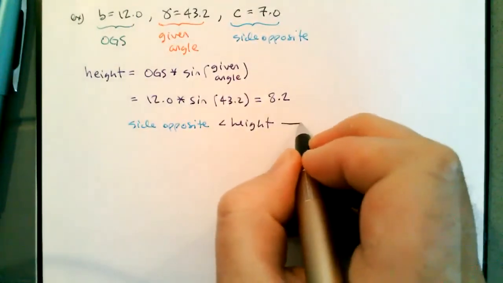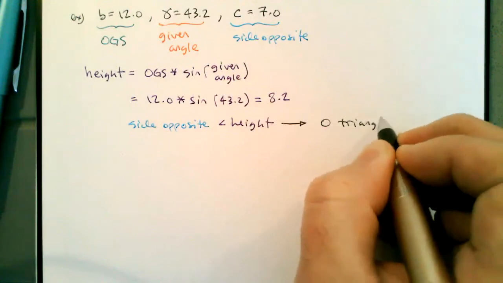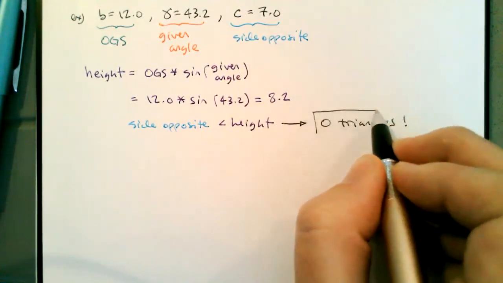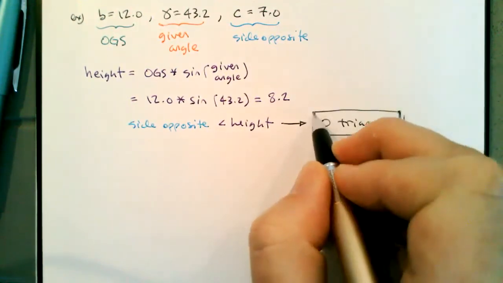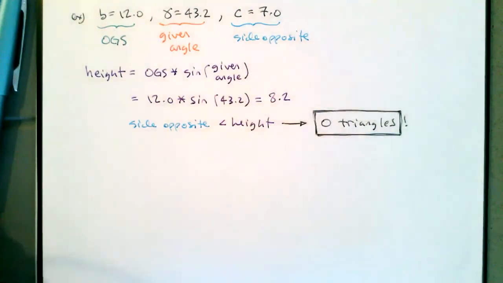That means there are 0 triangles. Which is kind of awesome. That means that we are done. No triangle.